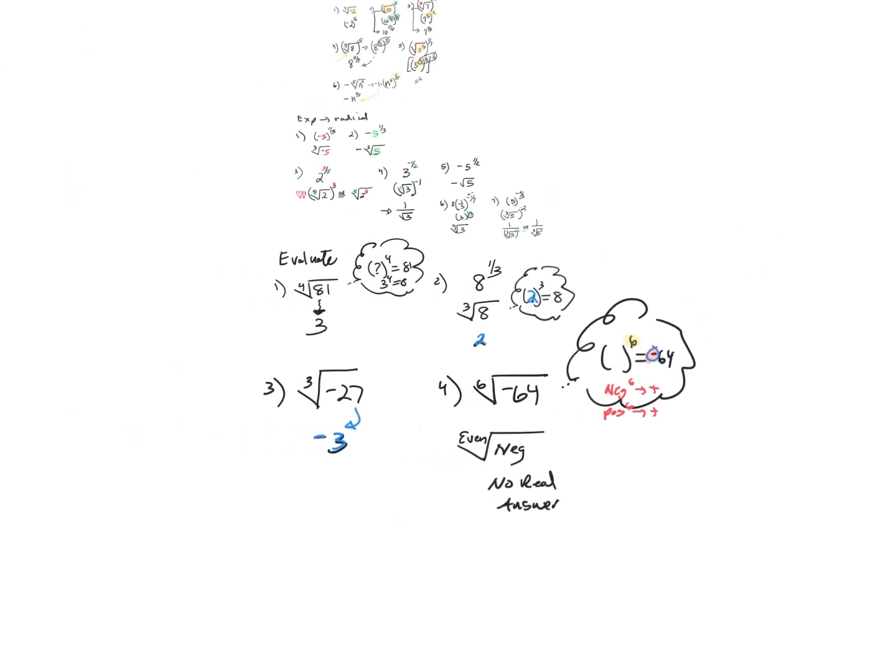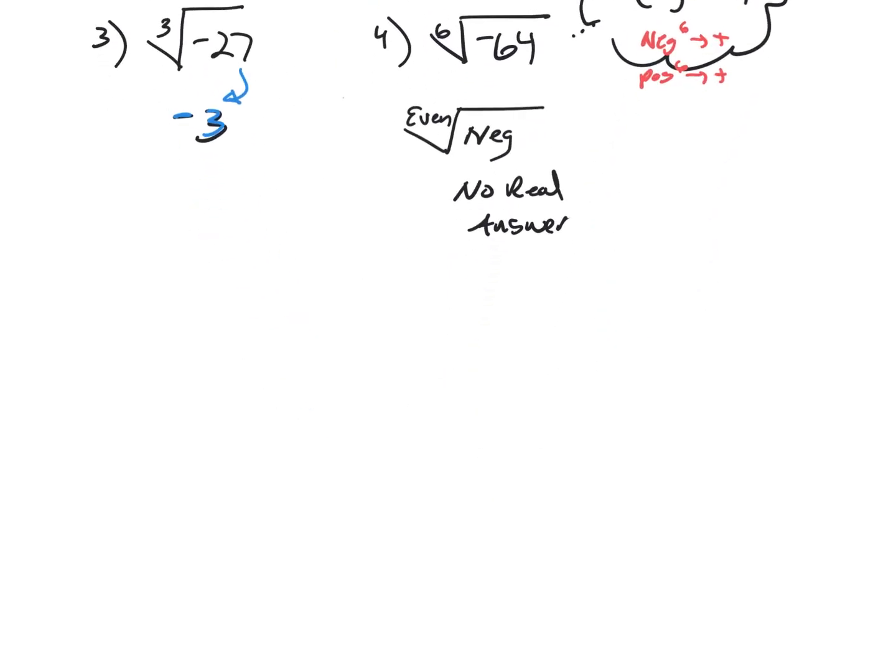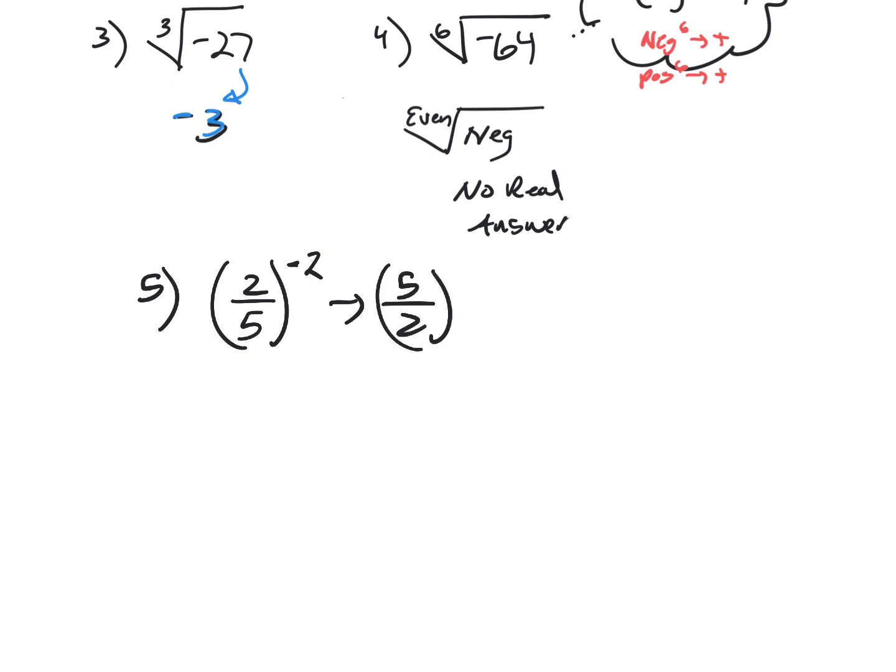So hopefully that gives you a little bit of an idea of part of your homework. Maybe let's do a negative one. Say, 2/5 to the negative 2nd power. Remember we could rewrite that as 5/2 to the positive 2.